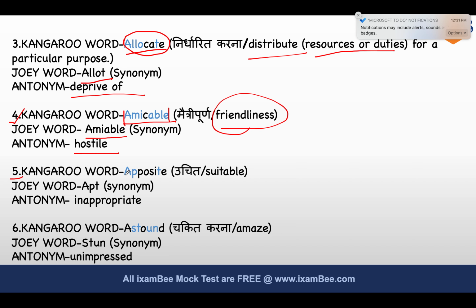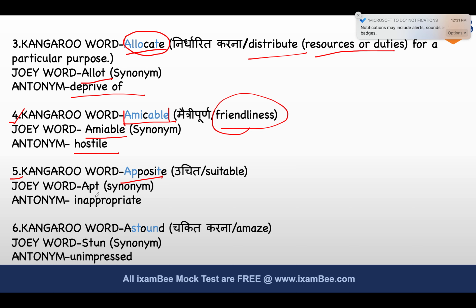Next, apposite. The word apposite means to be suitable, best suited for, suitable. Now, what is the synonym? You can find it in the word itself, apt. The word apt or appropriate is hidden in the word itself. Now, apt means also suitable, right?